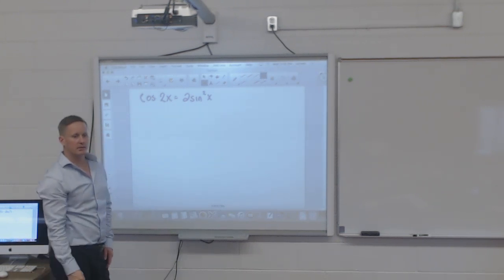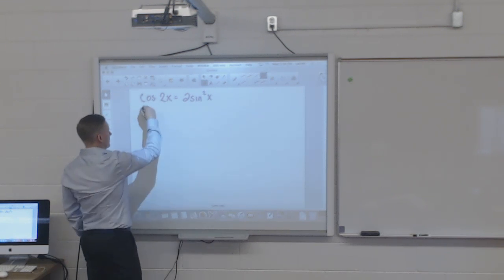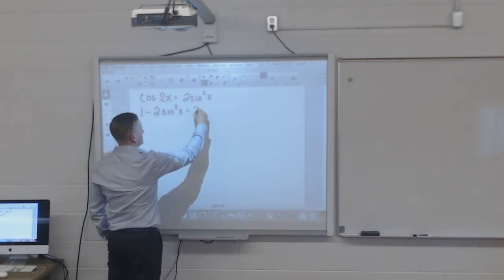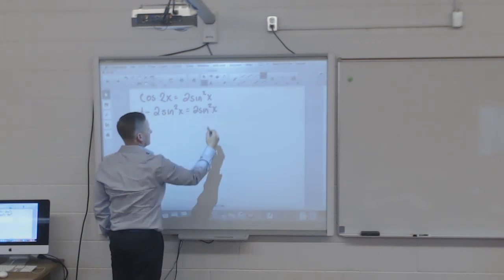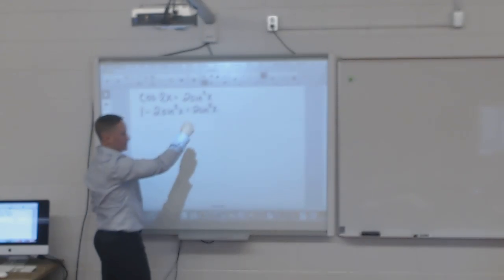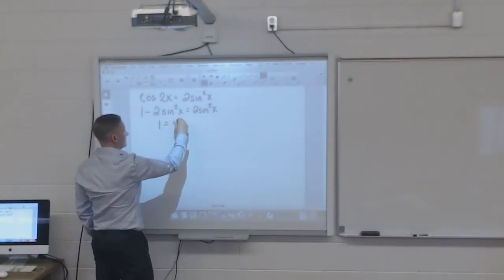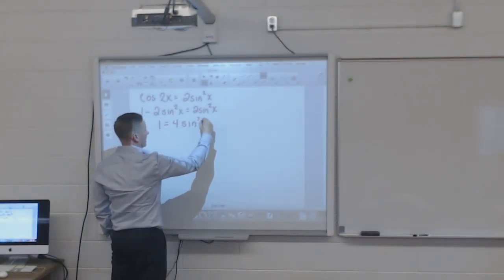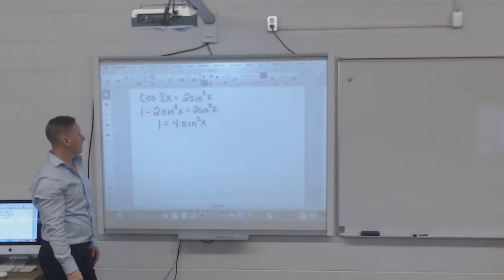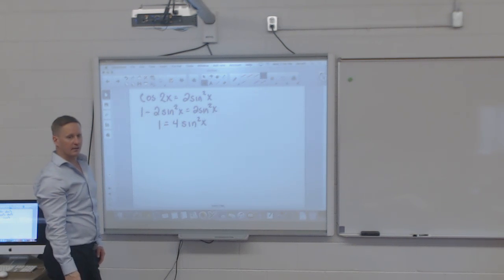Which identity do you want to use for cos 2x? 1 subtract 2 sine squared x. Very good. 1 subtract 2 sine squared x equals 2 sine squared x. So far so good? I'm going to add the 2 sine squared x over to there. That gives me 1 plus 4 sine squared x.